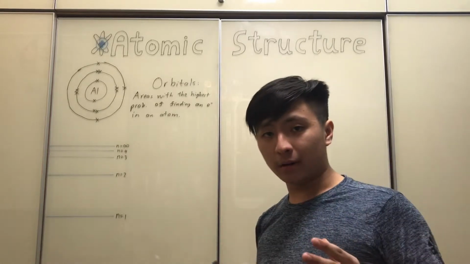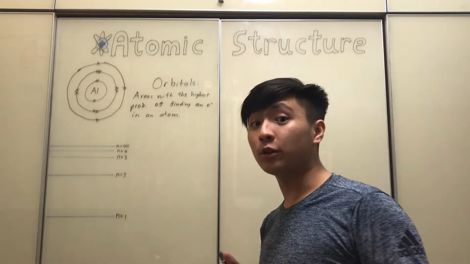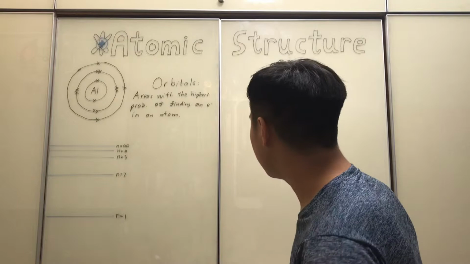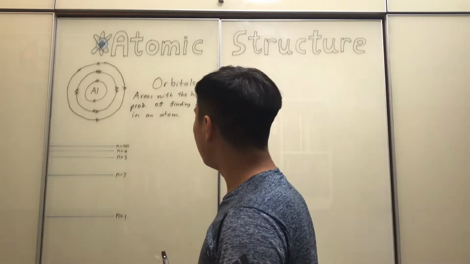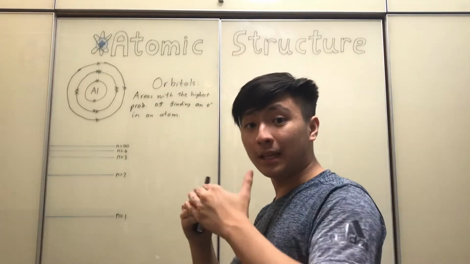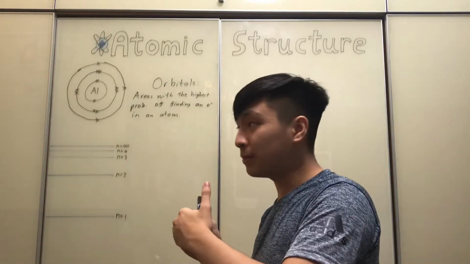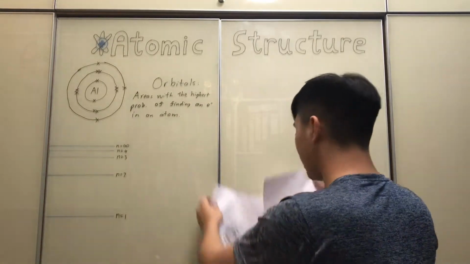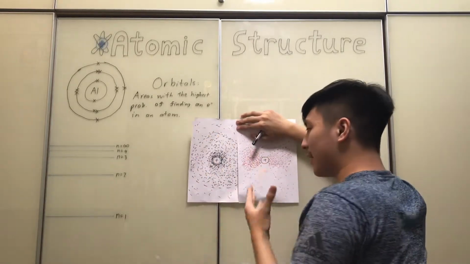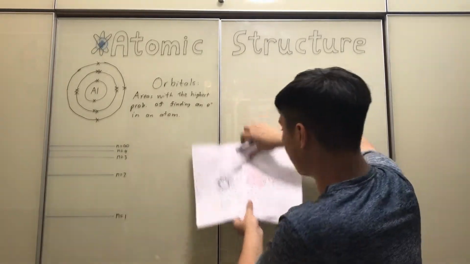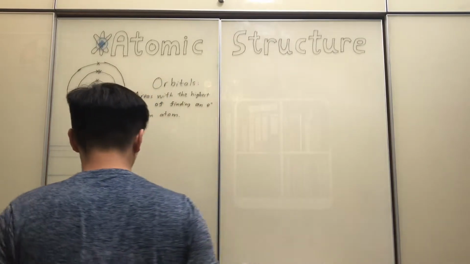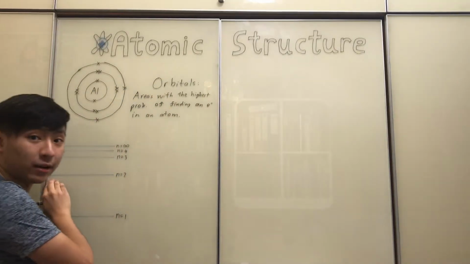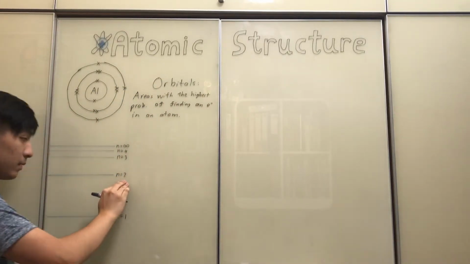Now, this part is a bit too physics for you to understand at this point, but the idea of splitting these energy levels into different orbitals works, because further analysis shows this. In reality, let's focus on the energy level of n equals 2.